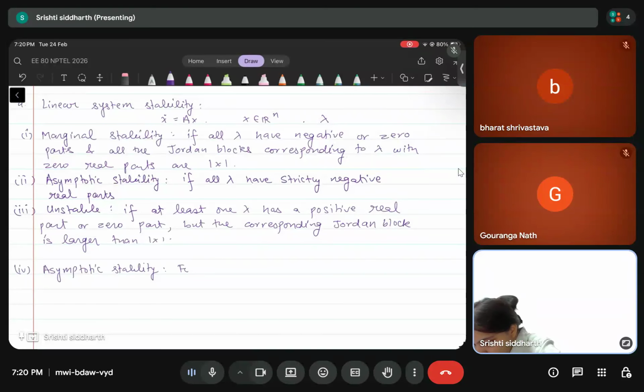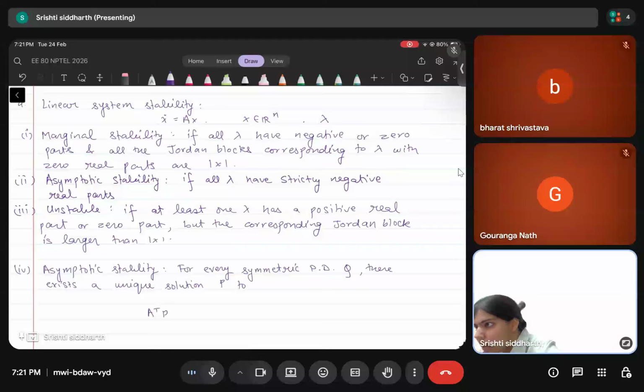For every symmetric positive definite matrix Q, there exists a solution P to the Lyapunov equation. It is A transpose P plus PA equals minus Q.